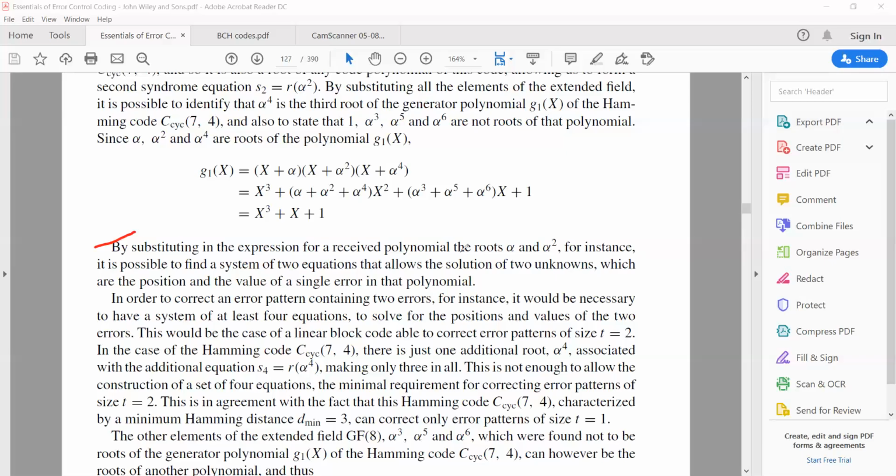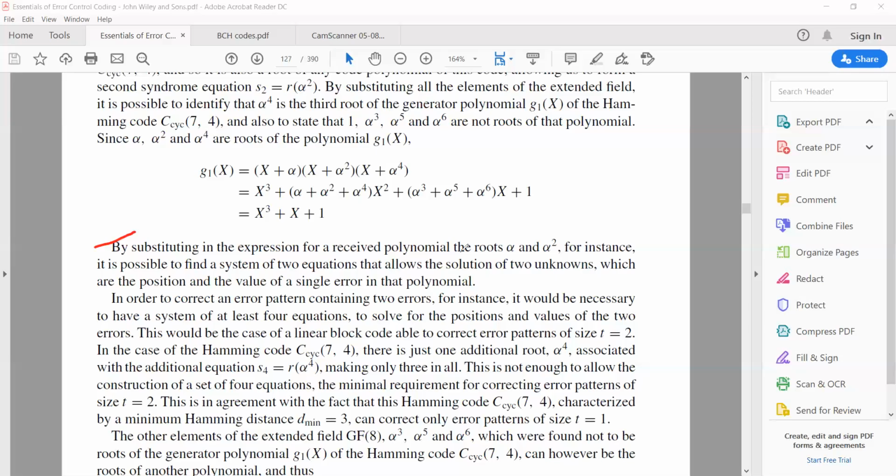That means when I replace x with those known roots in our received polynomial, then the received polynomial equation will become 0. So that was the technique we have already discussed.